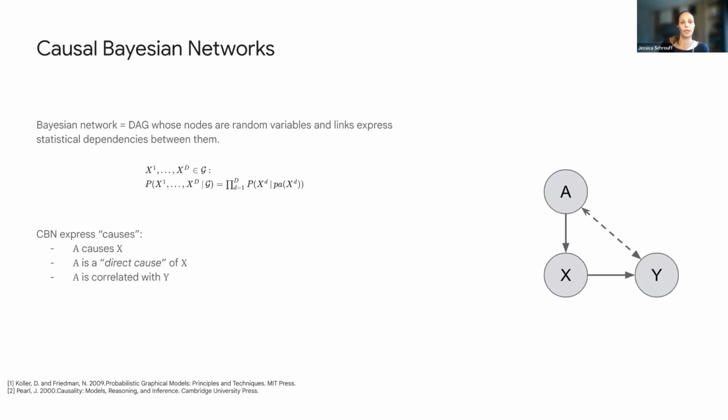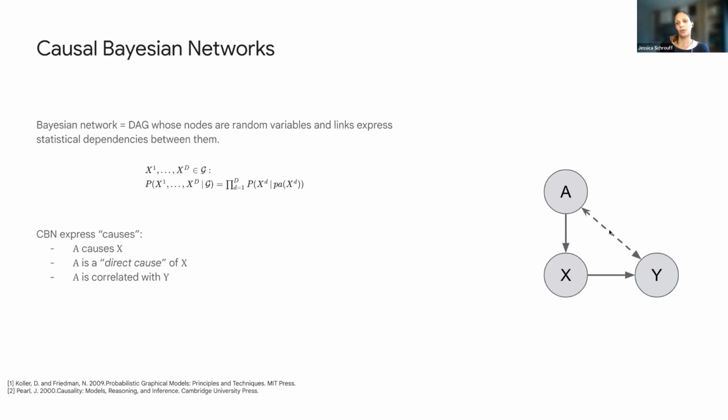When we extend this to causal Bayesian networks, each link actually expresses a cause. So we have A causes X. And because there's a direct link here, we are also going to say that A is a direct cause of X. This is going to be important later.